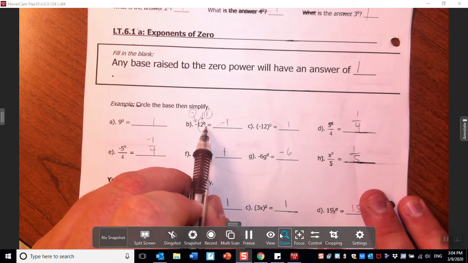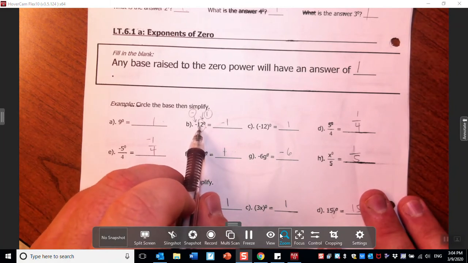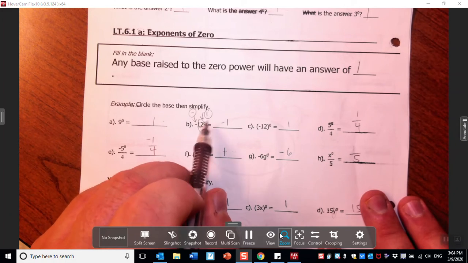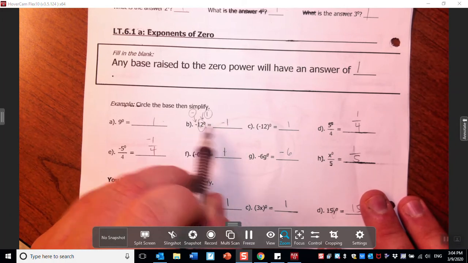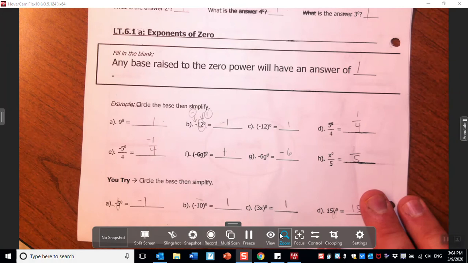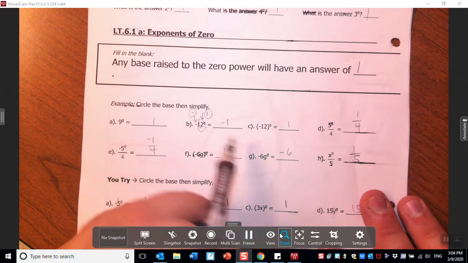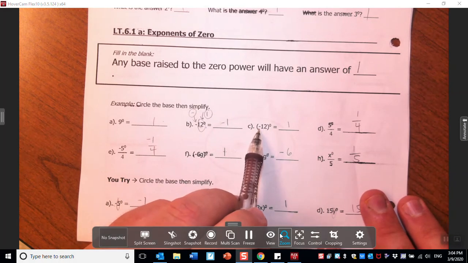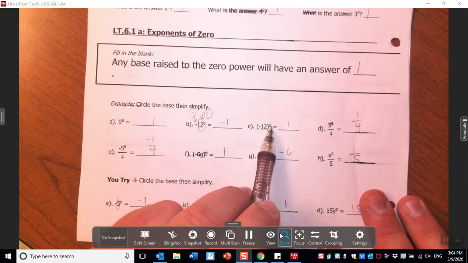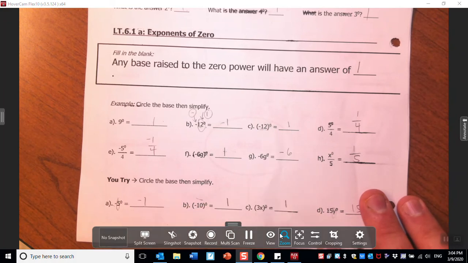Now let's look at this. The base is 12. It's not negative 12. It's just 12. Any number raised to the 0 power is 1. But since we have this negative out here, you use that as well. Now, this time, the whole base is in parentheses, so it's this whole thing. Anything raised to the 0 power is just 1.